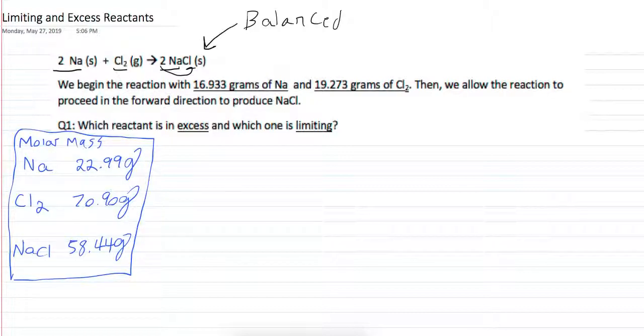Don't try to learn two, you'll just confuse yourself. Stick with one. So the objective here is to find out how much NaCl is produced. So let's write that down. Objective. Find how much NaCl is produced.